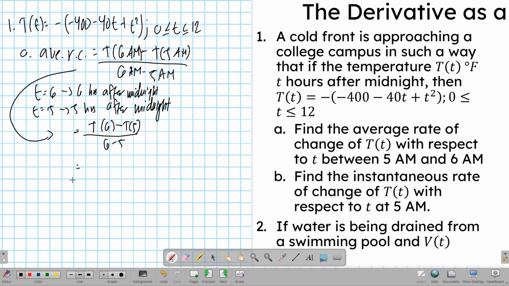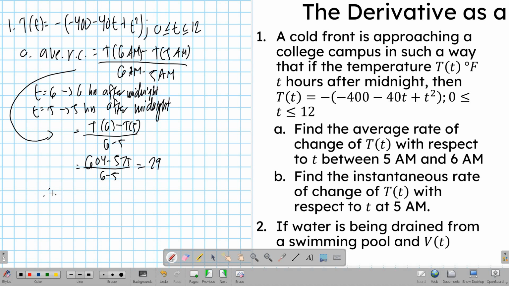Now that would be equal to 604 minus 575 over 6 minus 5, and that would then be equal to 29.